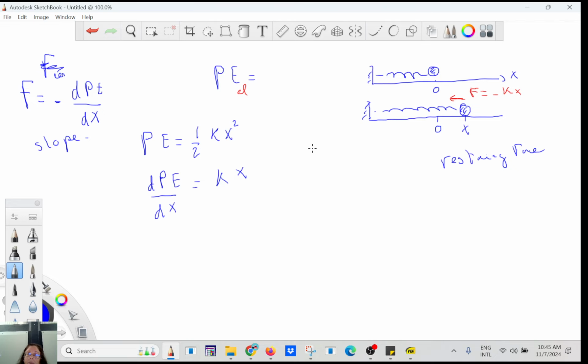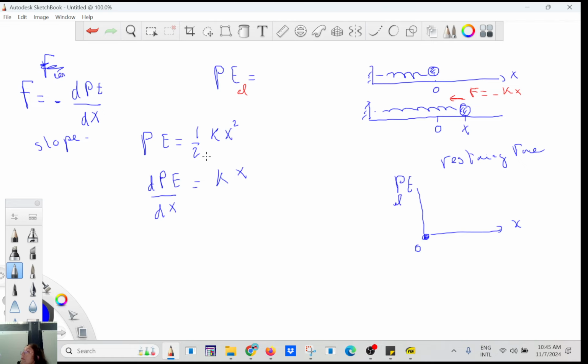Okay. So if I want to make a graph of the elastic potential energy as a function of the position, what do you think it's going to look like? Now that should be called potential elastic energy. Look, the elastic potential energy.